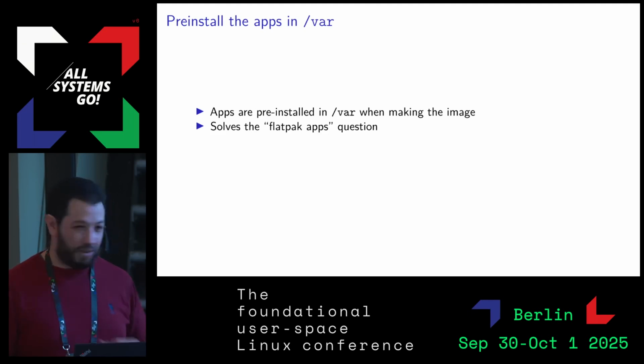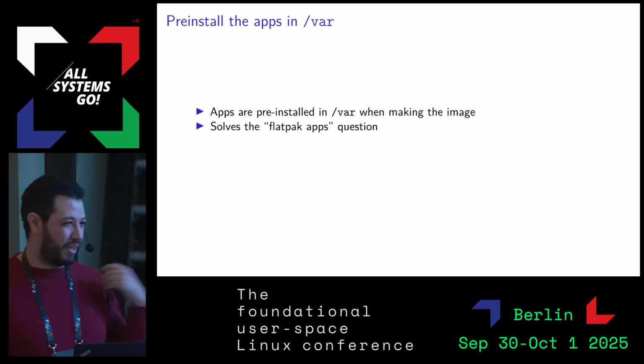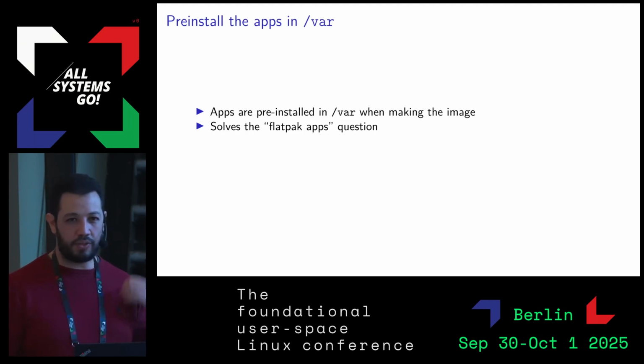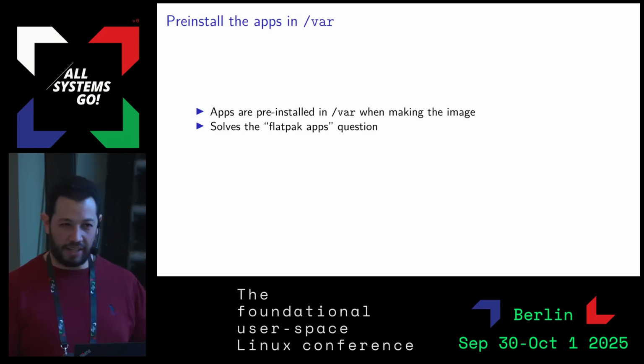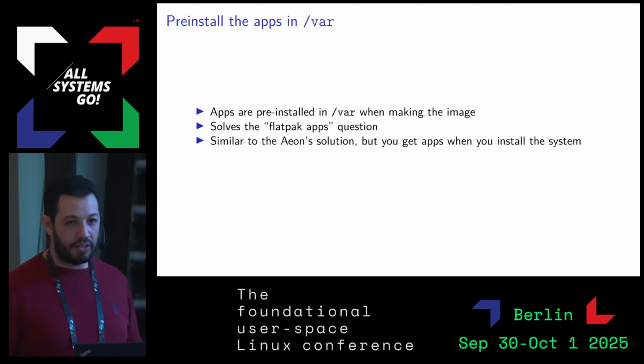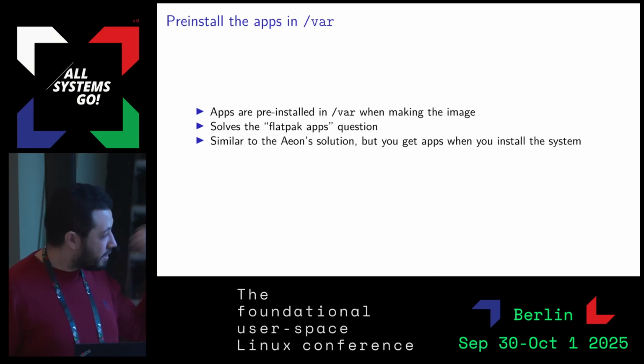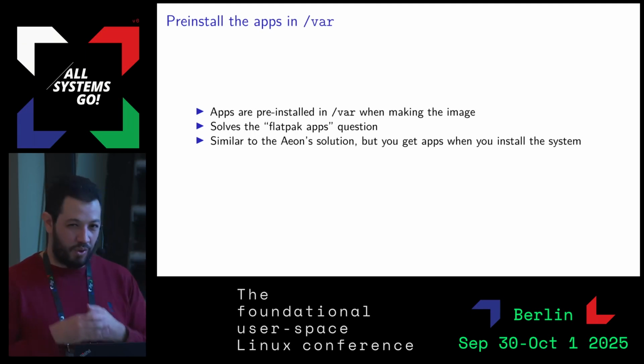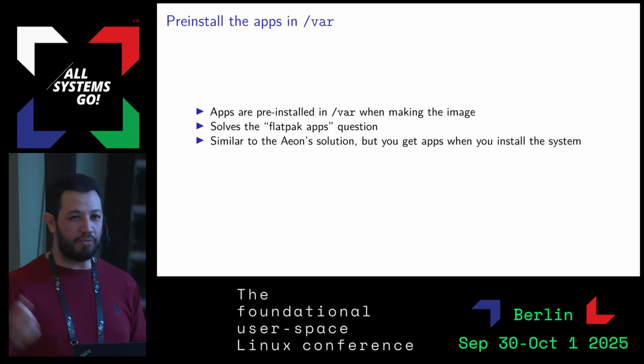So these are all Flatpak apps, as in they are sandboxed. You can uninstall them. You can update them independently from the system. Everything that people expect from Flatpak apps. So it's similar to the solution of Aeon Desktop, except that you get them from the beginning, so you don't have to download them.